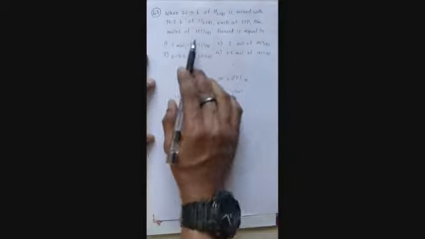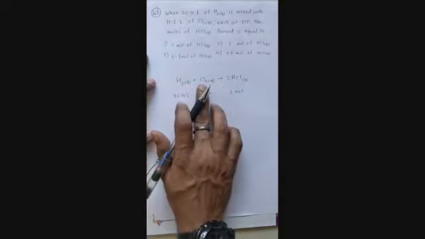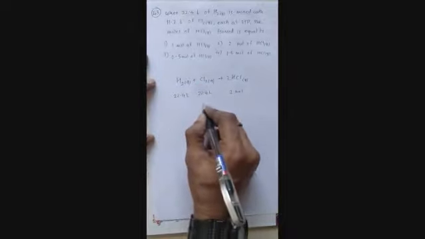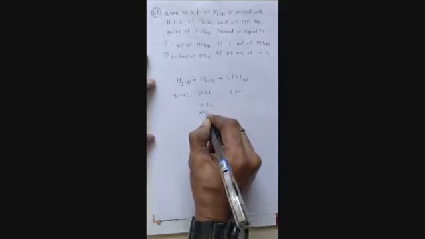Now, the ratio of hydrogen to chlorine is 1 is to 1, right? So here only 11.2 liters of chlorine is available. Correct?